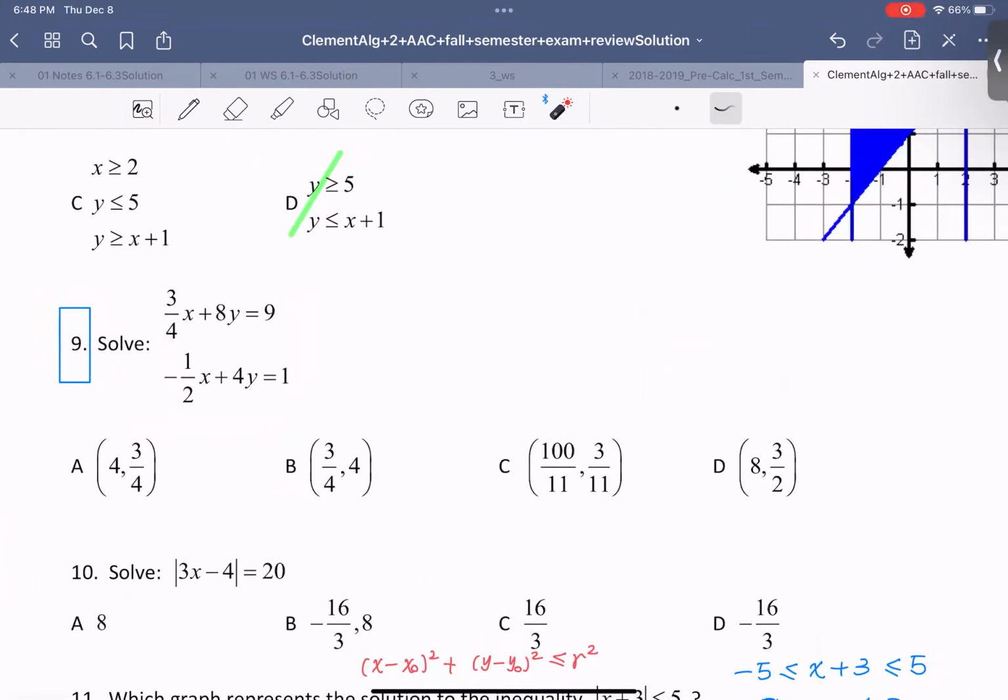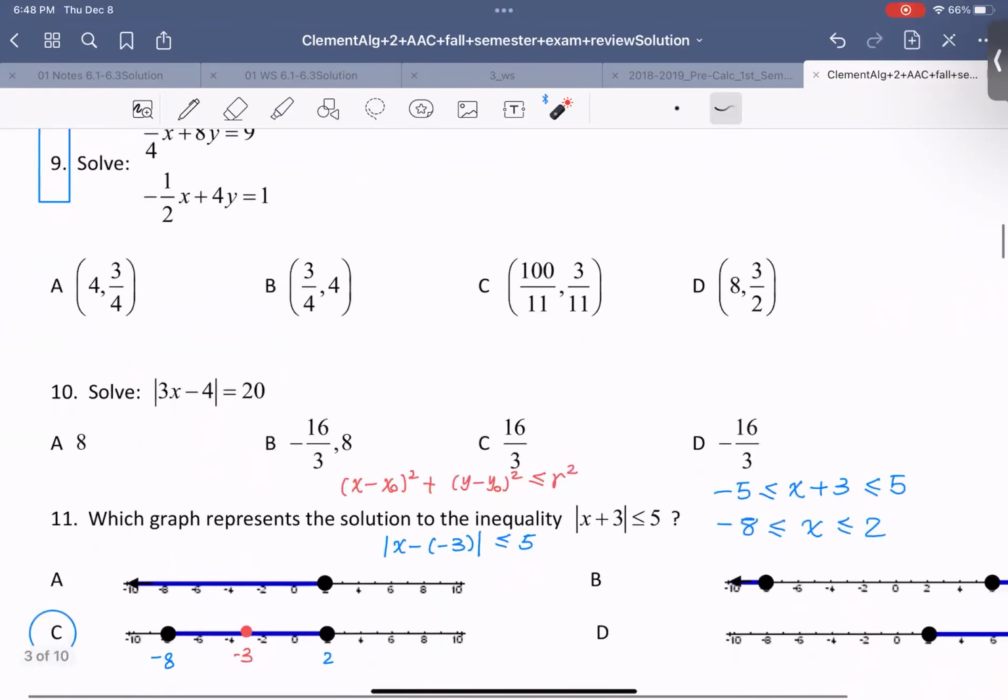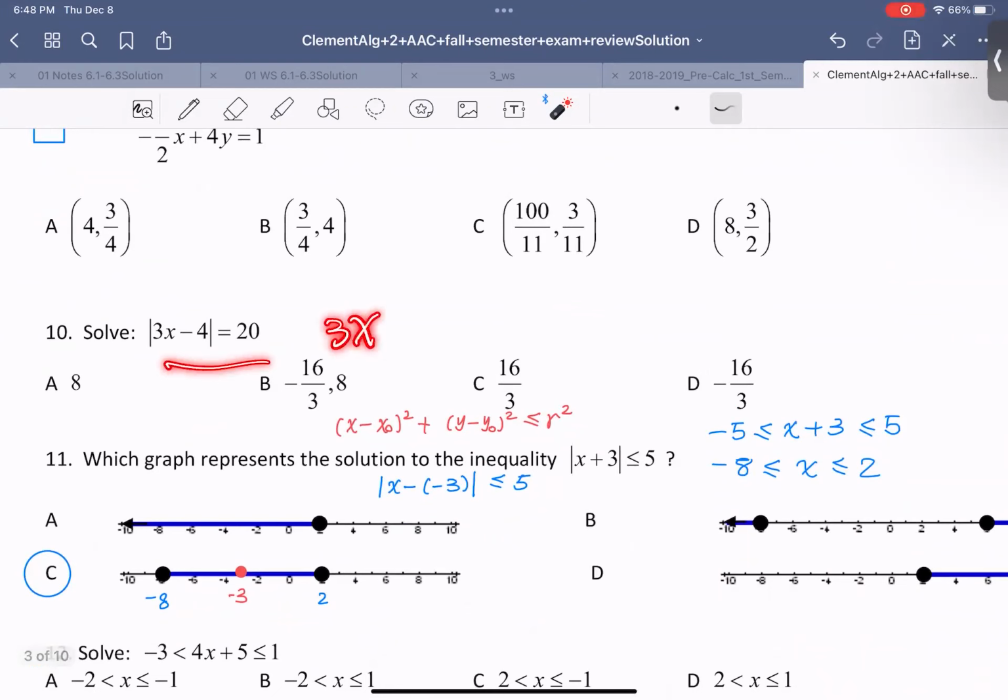I don't want you to have fractions involved, so I would like you to multiply both sides by 4, and then multiply both sides by 2, so that you have integers. This thing is easy. 3x minus 4 equals 20, or equals -20, and you can solve it.